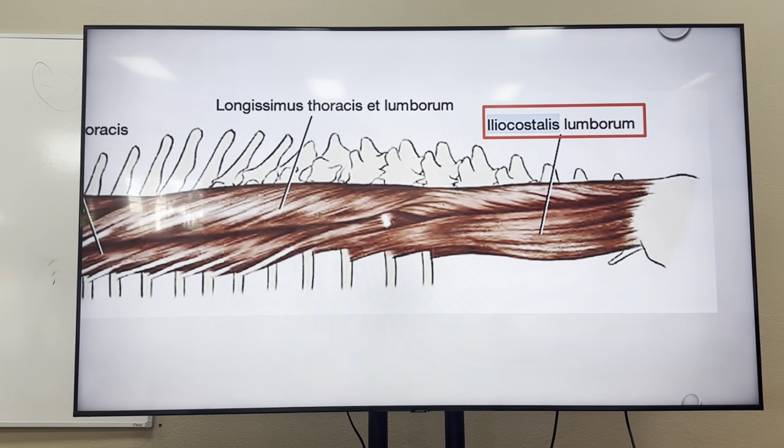So what will happen to these ribs if this muscle contracts? Caudally towards the body. Mm-hmm. By so doing, this muscle will also aid in expiration, and we will also say that it is innervated by the dorsal branches of the spinal nerves within the lumbar and thoracic region.